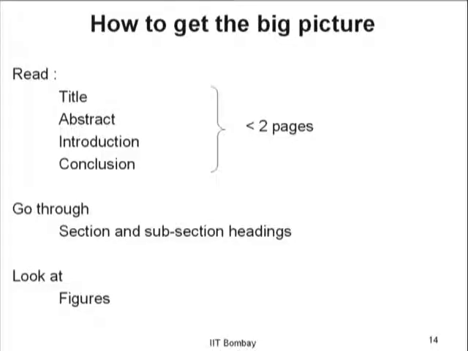Reading this much comes to roughly 2 pages, maybe sometimes even a little less, unless the introduction is very long, but introductions are never very long. Then you should go through the section and subsection headings and then look at the figures, diagrams, illustrations and so on. This is all you need to do at this stage.